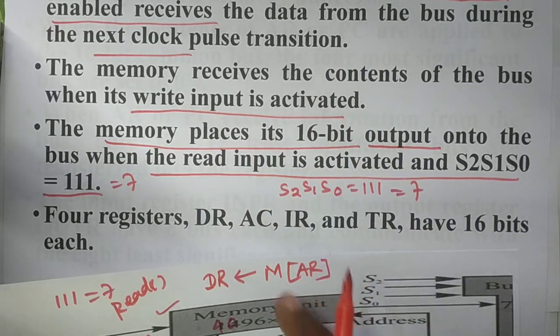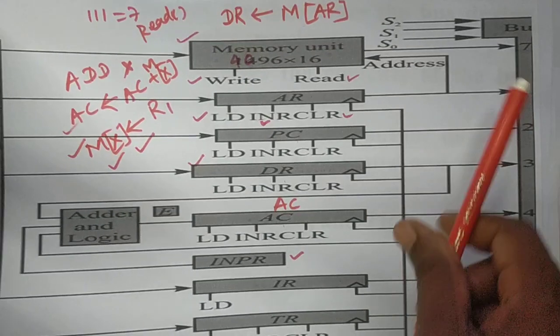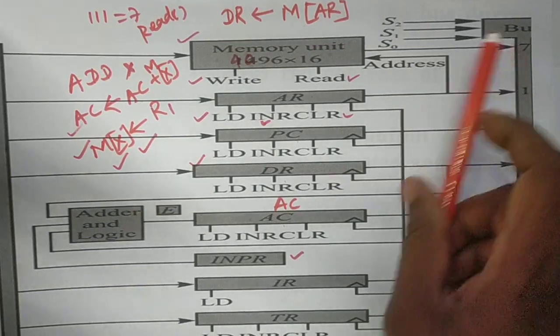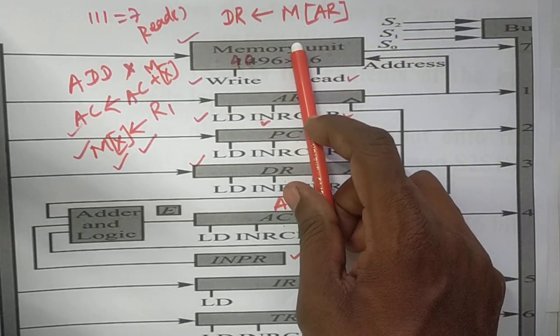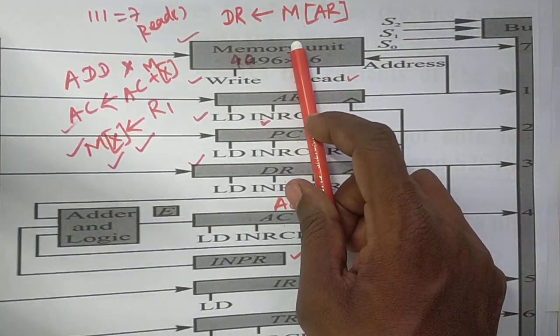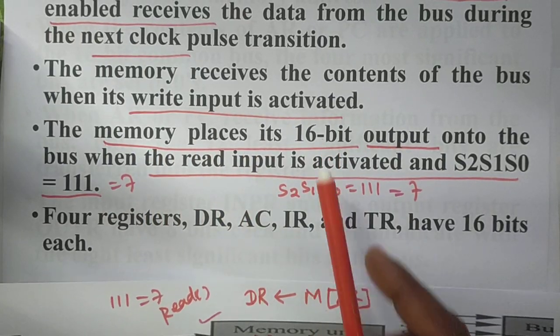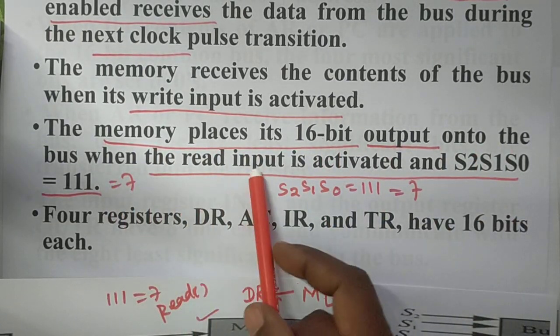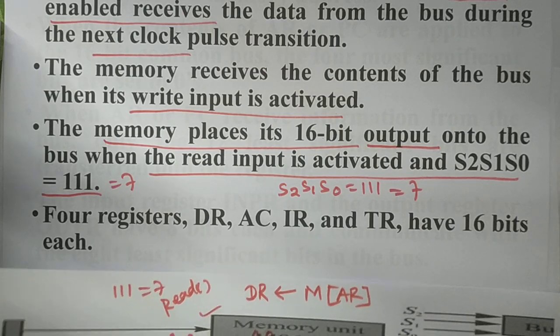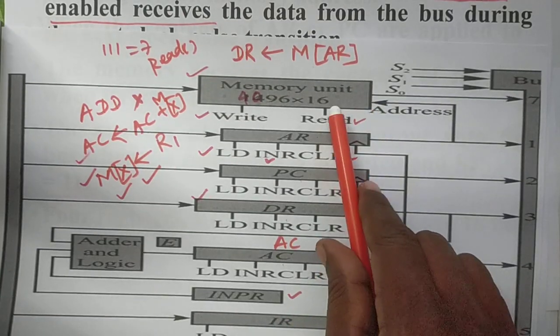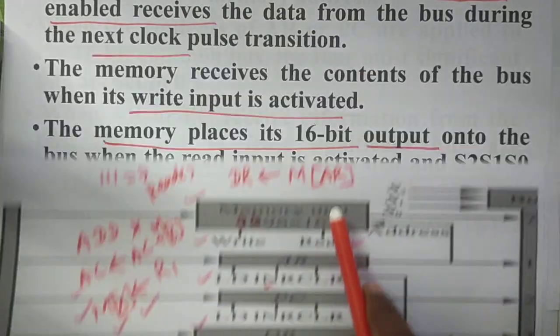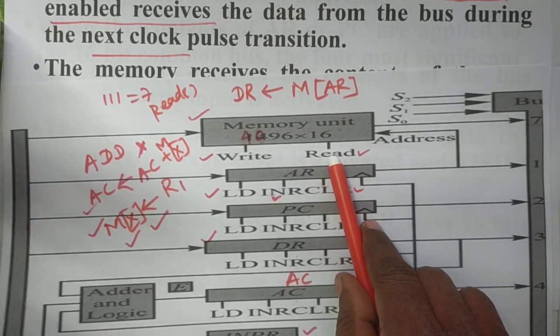When 7 is activated, 16-bit data is transferred from memory to the common bus. Okay, memory places its 16-bit output onto the bus when the read input is activated.